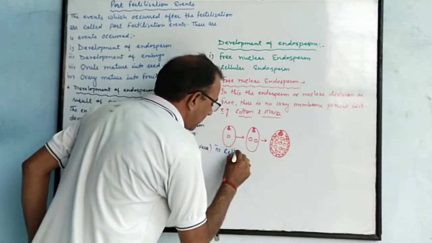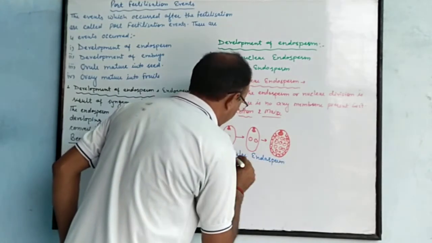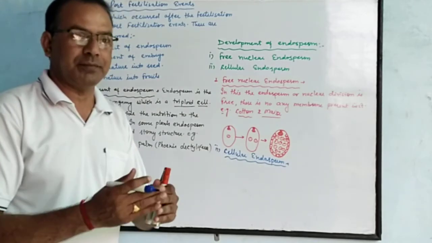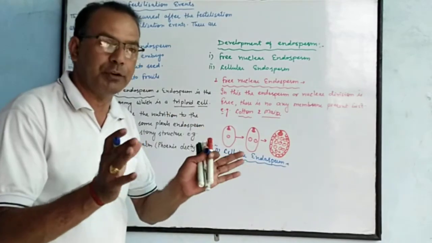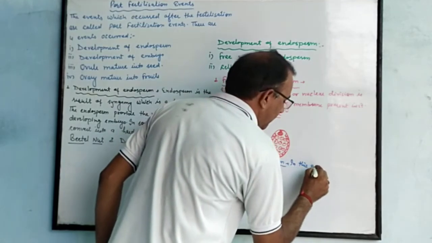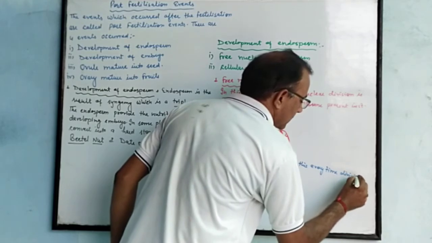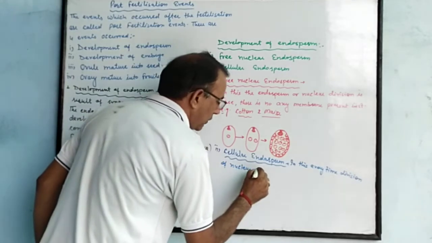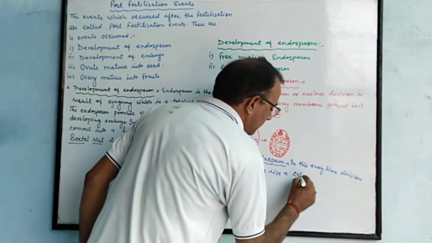The second one is cellular endosperm. Cellular development of endosperm. In this, division of the nucleus takes place with a cell membrane.